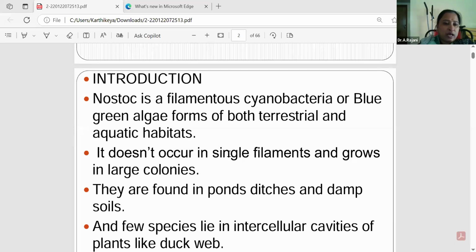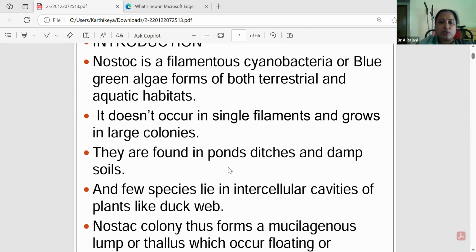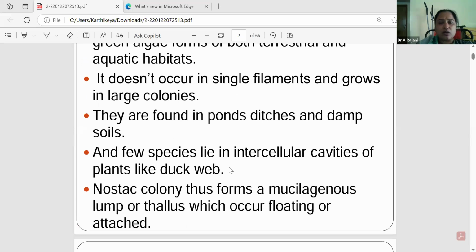The main habitat is where water is present: waterlogged places, ponds, ditches, dam soils and reservoirs. These are all found in this habitat. And a few species are found in intracellular cavities, where the duct webs are present. In those cavities, in some species, you can identify the Nostoc.